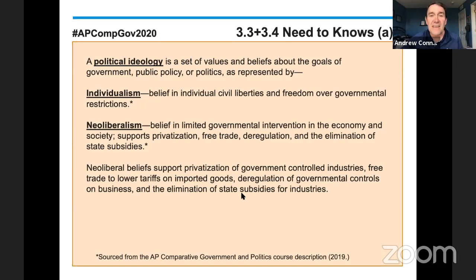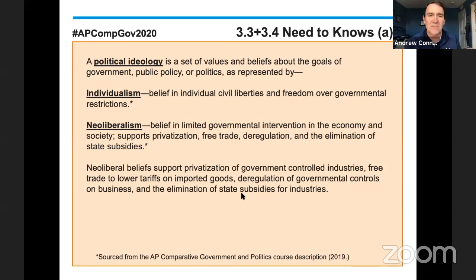So political ideology, here's a really good example of when you're asked to, and you probably won't be asked to define, you won't be asked to define a word with the way that these questions are structured in 2020. But it's never a bad idea, if you're asked about a word, particularly in the quantitative section, to be able to demonstrate that you understand what that word is.